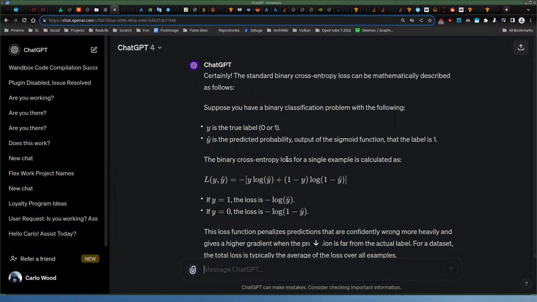The binary cross entropy loss for a single example is calculated as the loss of the label and the current predicted output: y times the log of y cap plus 1 minus y times the log of 1 minus y cap.